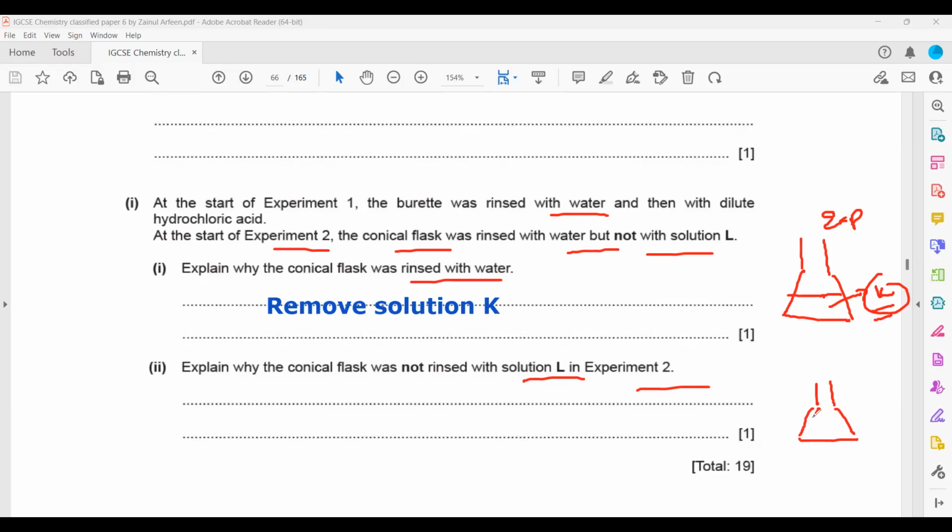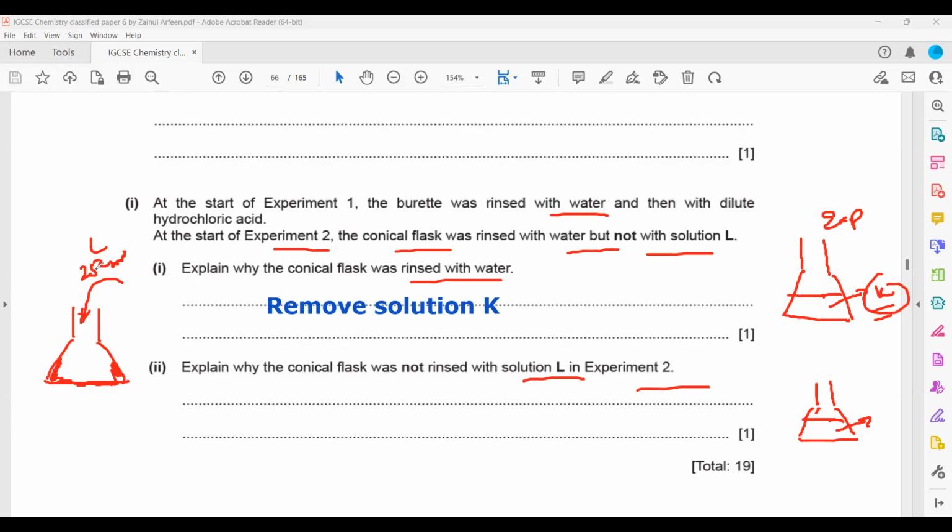Then why was the conical flask not rinsed with solution L? After rinsing with water, why did we not rinse with L? Because if we rinse with L, the conical flask might have some L inside. And when we add 25 cm3 of L for the experiment, the total volume will not be 25, it will be more than 25.